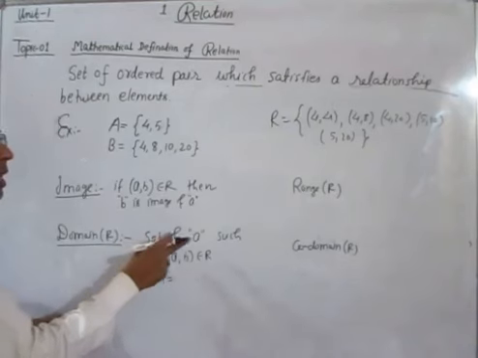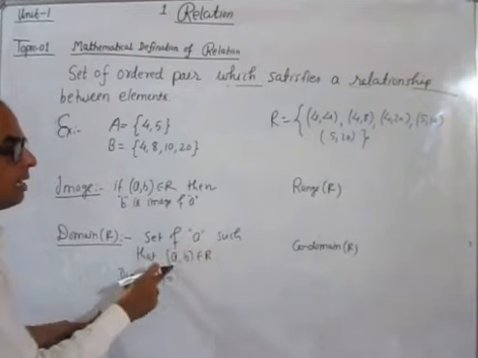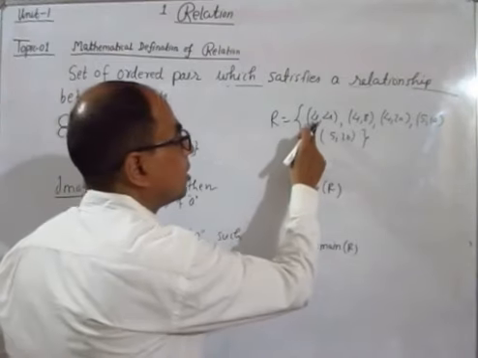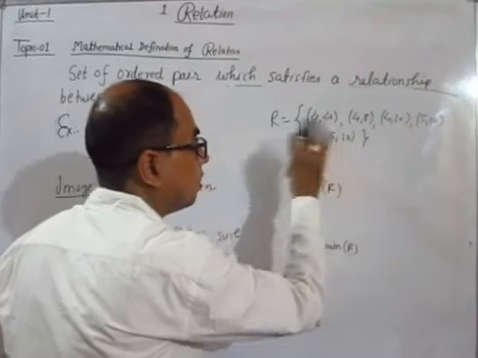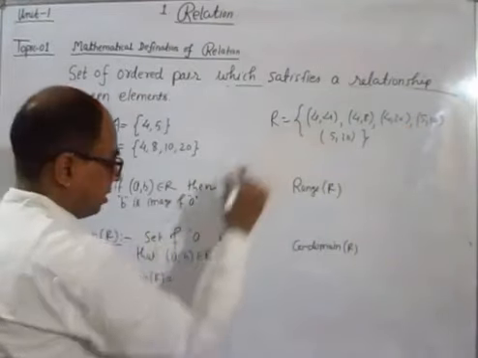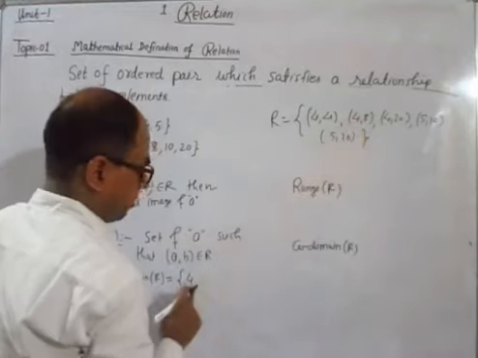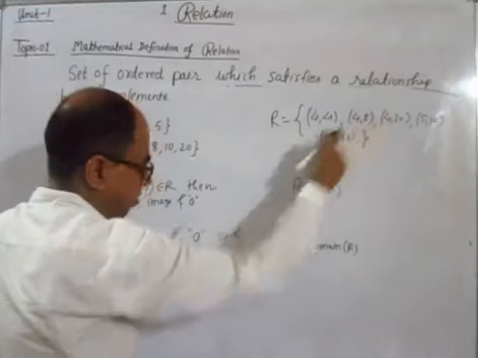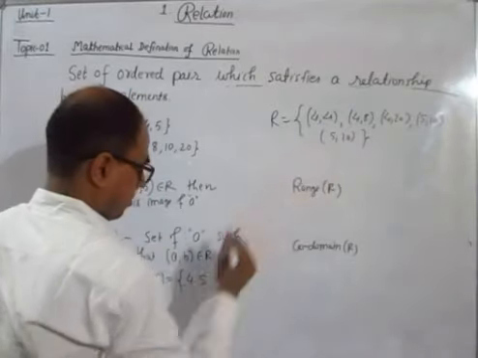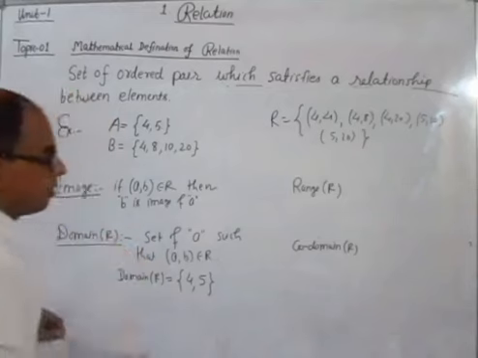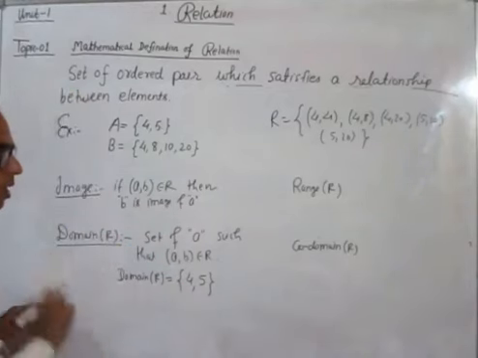Set of A, that is the first element of the ordered pair, such that A is related to B. So here the set of first elements of all the ordered pairs in the relation is called domain. Here the first element is 4, we have written already, 4. Here the first element is 5. So {4, 5} is the domain of relation.